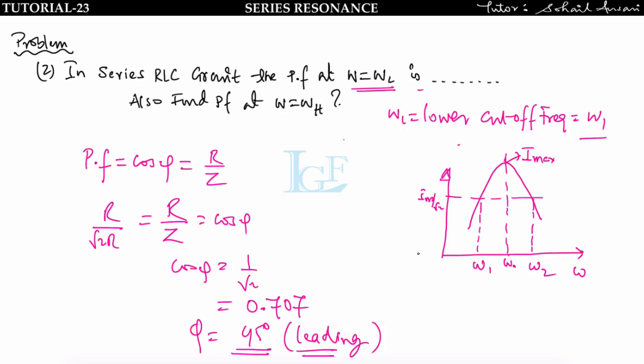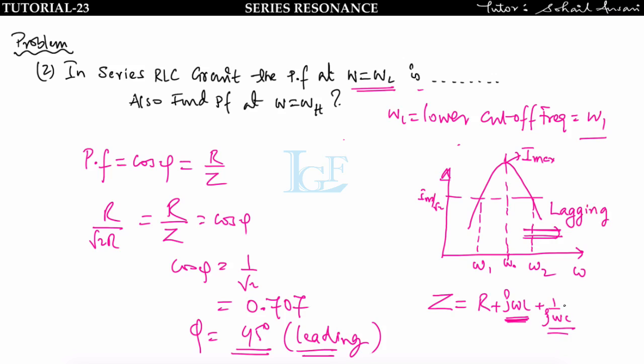Now tell me, Z is equal to R plus j omega L plus 1 upon j omega C. So at higher frequency this omega L term, the inductive reactance, is greater than the capacitive reactance, so at a frequency higher than the resonance frequency, the inductive behavior is more, so this will be lagging, right.